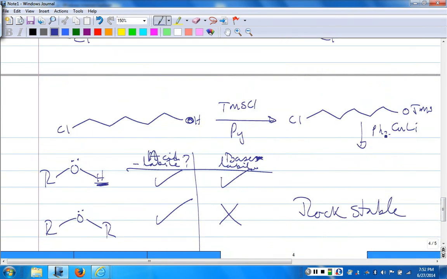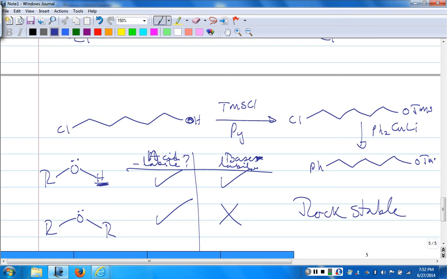And so it has no choice but to go after this site and give you this compound. So I can convert my alcohol to my ether, carry out chemistry under basic conditions with impunity, recognizing that nothing will happen at this site.